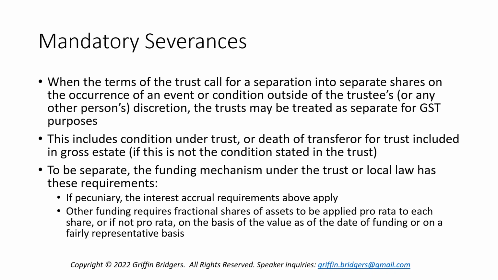Now, if there's any other funding other than pecuniary, typically we have to use a fractional share basis where each asset is divided fractionally between the two trusts pro rata. Now, you could use a non-pro rata to allocate whole assets in kind, but if you do so, you either have to use the value of each asset determined on the date of funding, or you have to use a fairly representative formula in order to make that allocation looking back to the last valuation date.